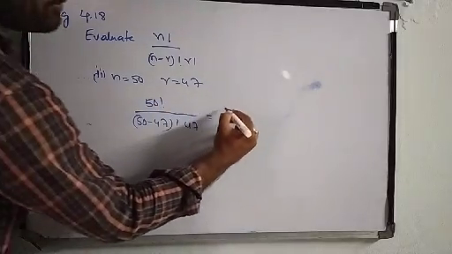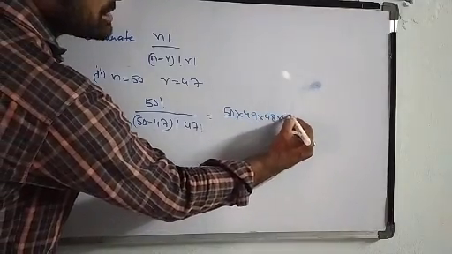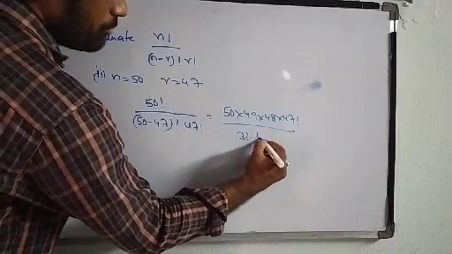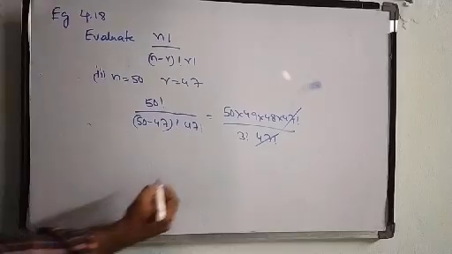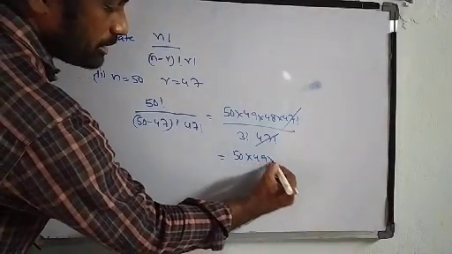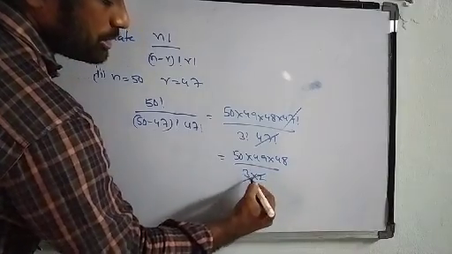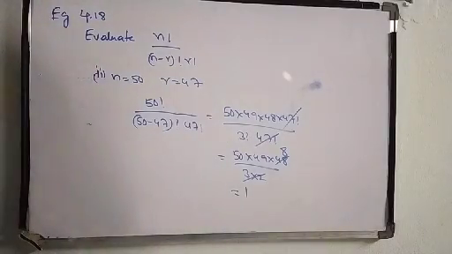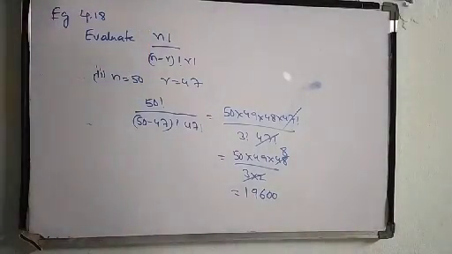So that is 50 into 49 into 48 into 47 factorial by 3 factorial into 47 factorial. So 47 factorial gets cancelled. So this is 50 into 49 into 48 by 3 into 2. So 3 twos are 6, 8 sixes are 48. So that is 19,600.